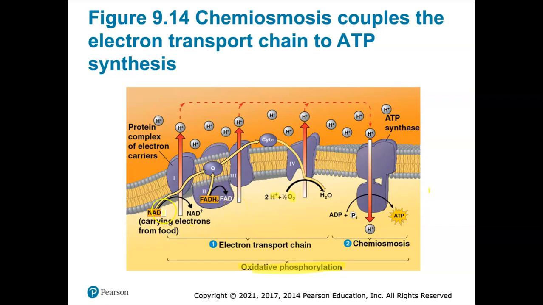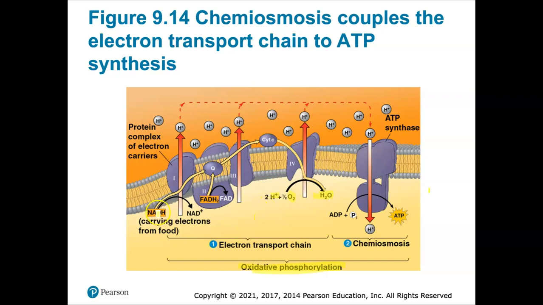Because when the hydrogen atom is released from the NADH and FADH2, hydrogen atoms carry electrons and they also carry hydrogen ions or protons. So the hydrogen ions are going to combine with the electron that just went through that electron transport chain, and then they're going to combine with oxygen and form water. So this is also where water is produced. All right.